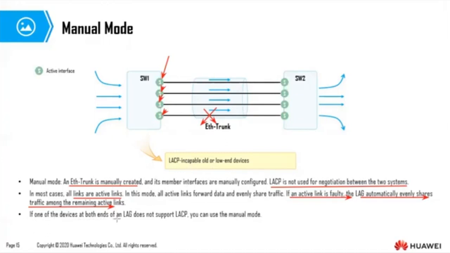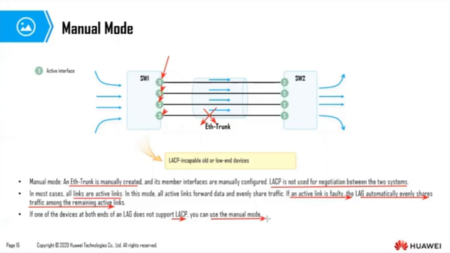If one of the devices at both ends of a LAG does not support LACP, you can use the manual mode. Of course, you know that the challenges of manual mode are, number one, it increases the maintenance work because you have to create it manually. Then it's not flexible. It cannot really respond to changes.